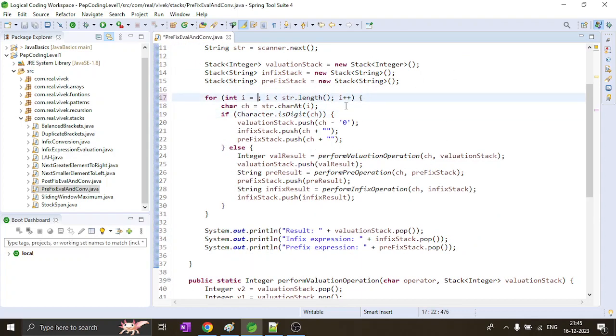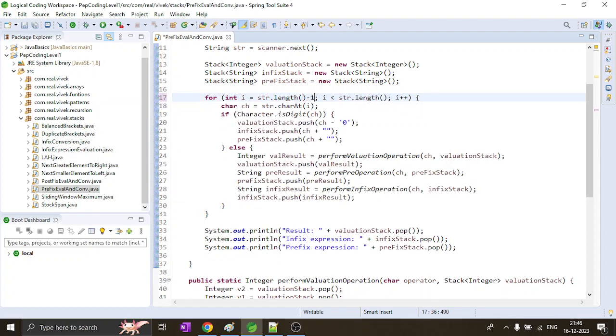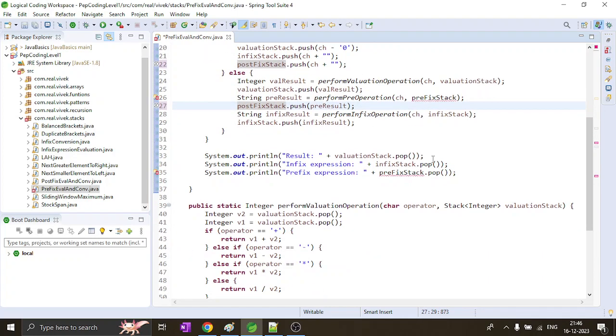So we'll start iteration from str.length - 1, and we will continue till i is greater than or equal to 0. We'll decrement i. Okay, and we'll have three stacks: evaluation stack, the infix stack, and the postfix stack, because we'll have to convert the prefix expression into a postfix one. So let's do that. Let's replace all the contents.